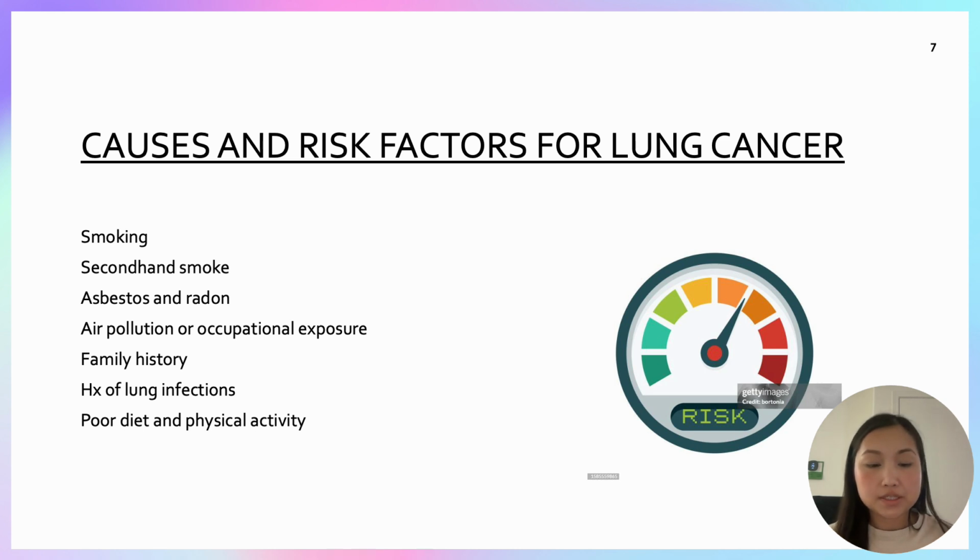Tuberculosis can also put someone at risk too. Poor diet, alcohol use, or lack of physical activity may contribute. And of course, smoking will also really increase the risk.